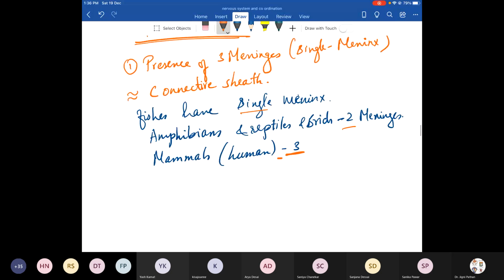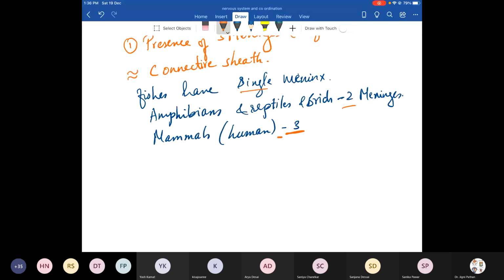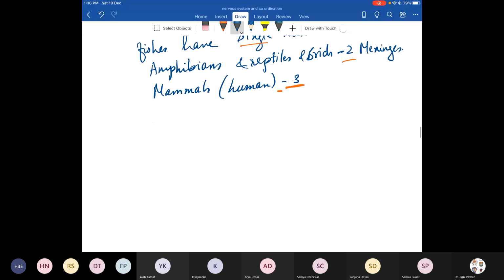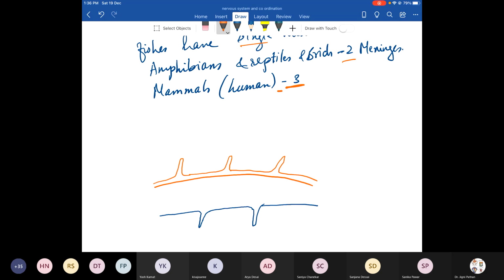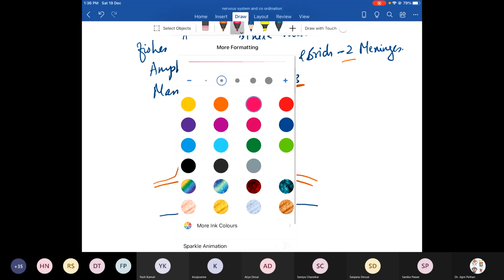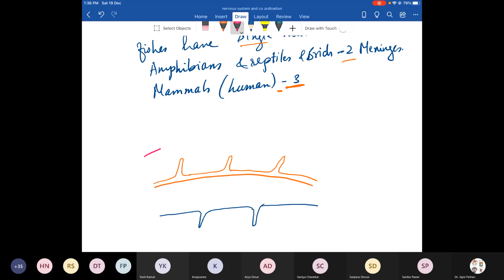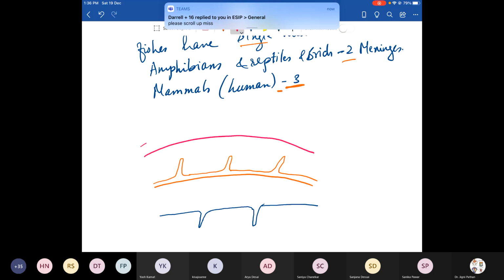As I said, there are 3 meninges. Let us draw the diagram. After the diagram, I'll scroll up. Let me draw this first.